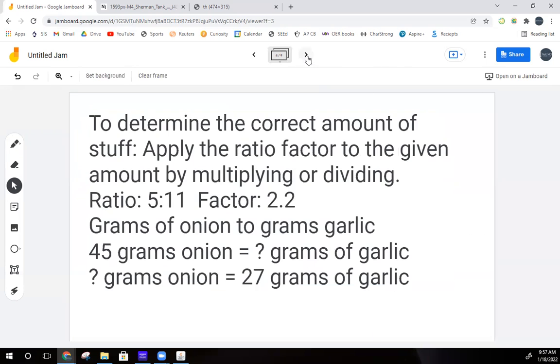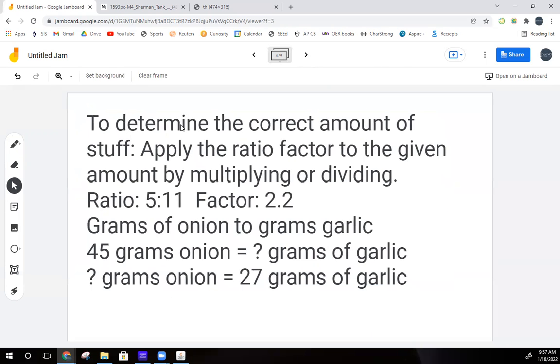Let me show you how that works. So we can apply the ratio factor by determining the correct amount of stuff by applying the ratio factor to the given amount by multiplying or dividing. So let's look at the recipe for a seasoning.